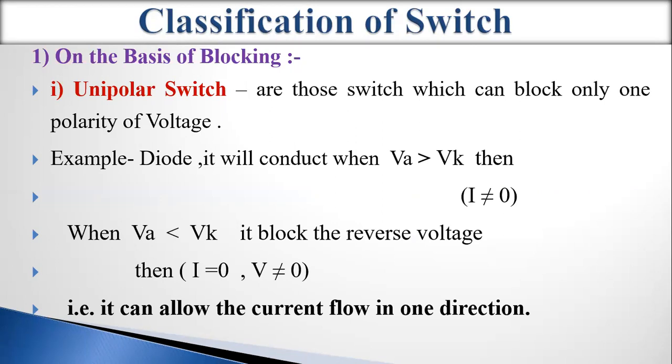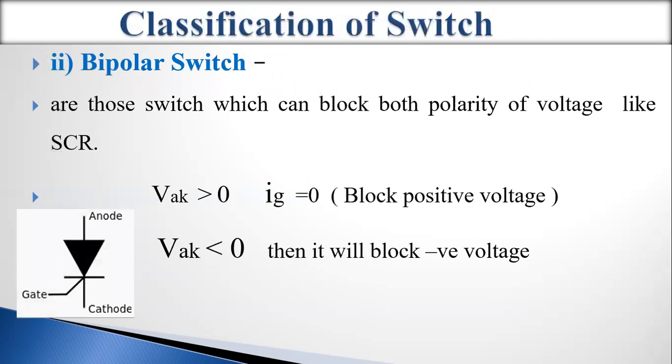When anode voltage is less than cathode voltage, it blocks the reverse voltage. At that time, current is 0 and voltage is not 0. That means it allows current flow in only one direction. So this is the unipolar type.